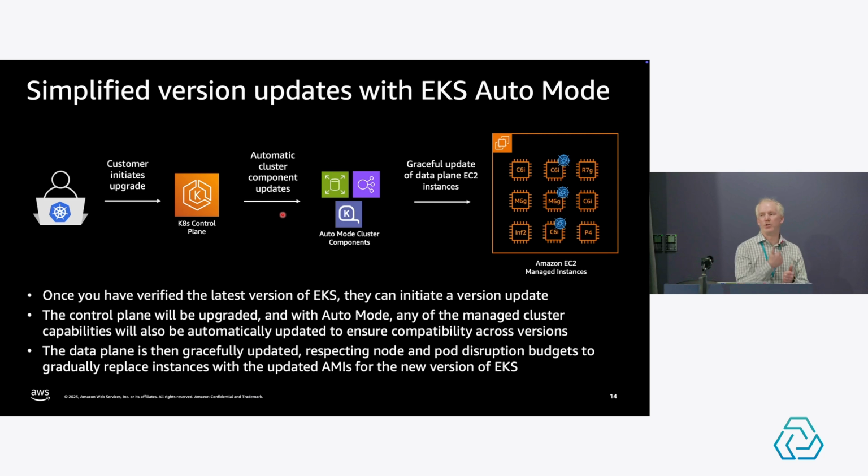So make sure that your application is green, and then you can kick off the update process. Once we start from there, we automate the rest. We'll update the control plane, and we also update the data plane nodes. But it's up to you to kick off that process.